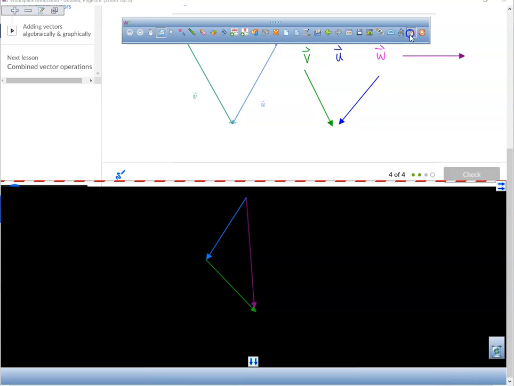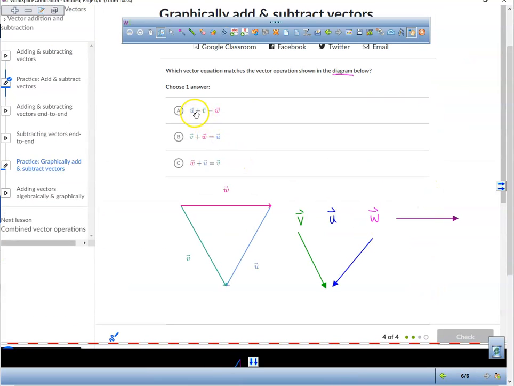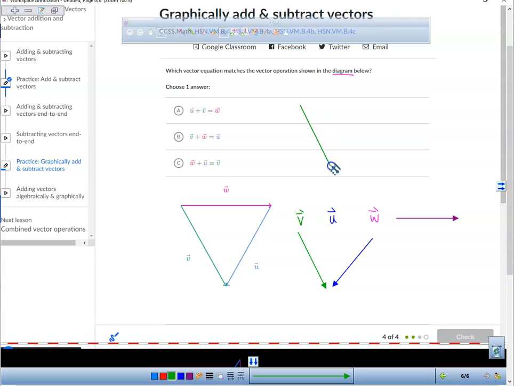So I'm going to say answer choice A does not match up. Okay? Let's look at V. V goes down to the right. W goes straight left. Is that going to equal U? Is that U right there?